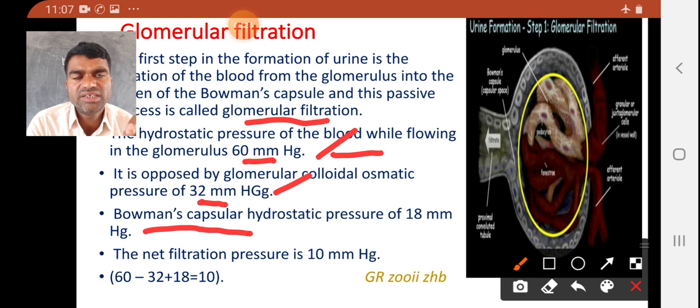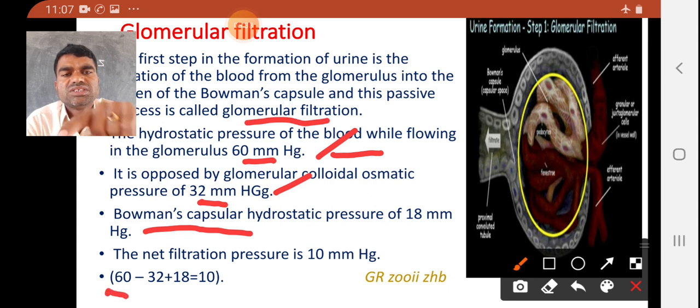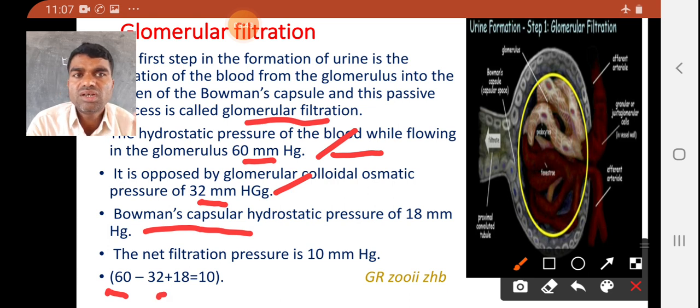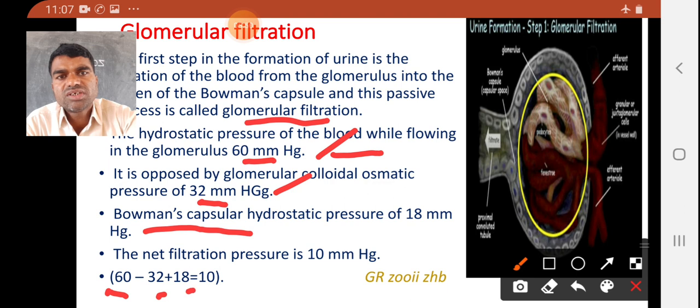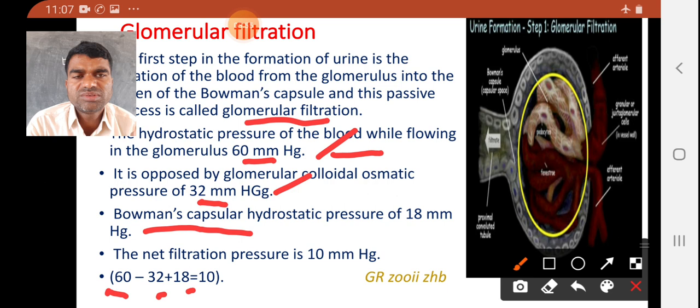How are we calculating this 10 mm Hg? For example, see here: 60 mm Hg is the hydrostatic pressure of the blood, minus 32, which is the glomerular colloidal osmotic pressure, and 18, which is the Bowman's capsular hydrostatic pressure.